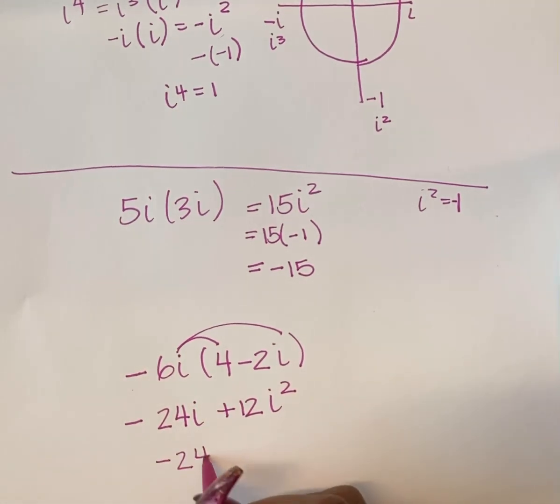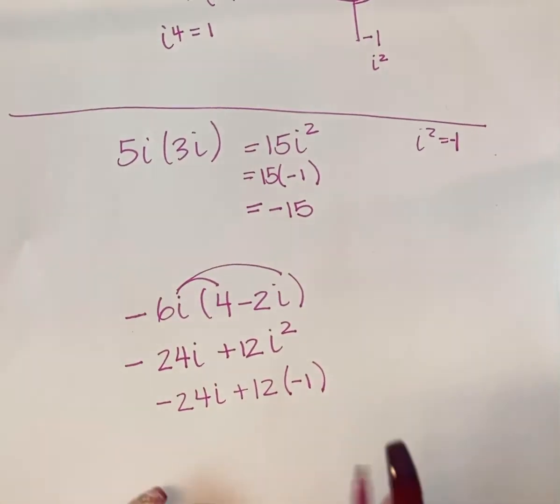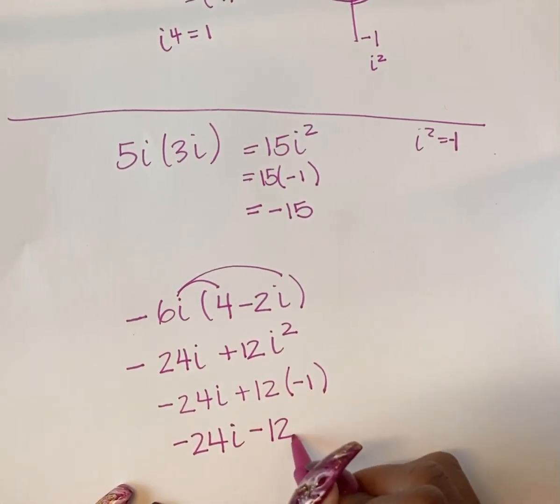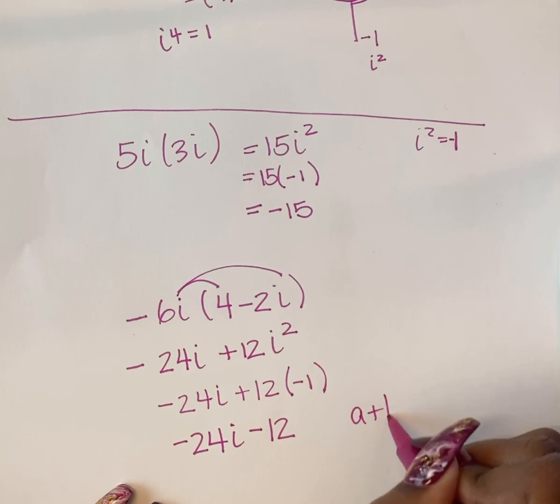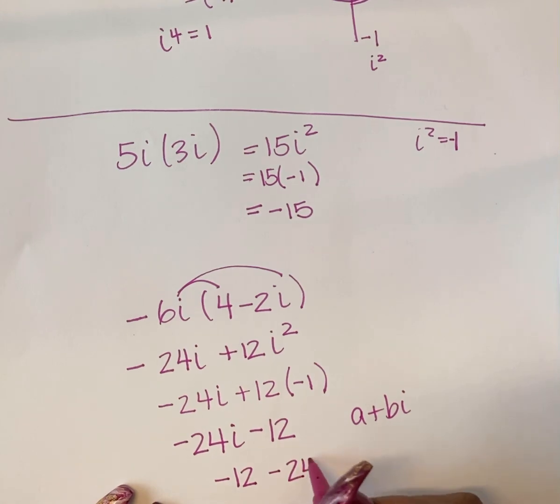So I have -24i plus 12 times -1. And so I have -24i minus 12. And you remember, you always want it in a plus bi form, which means your constant goes first. So you have -12 minus 24i.